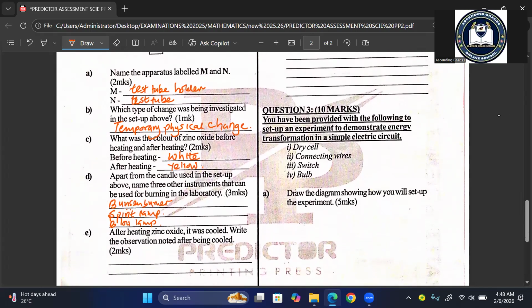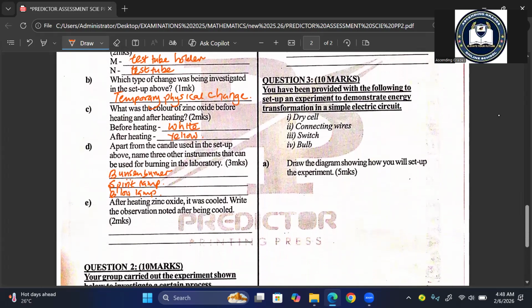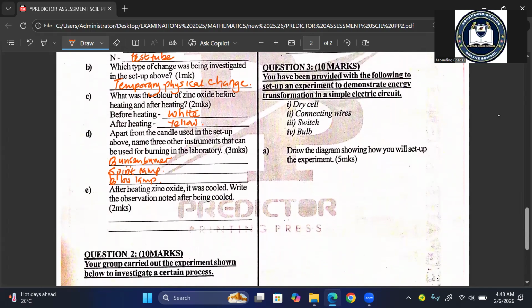After heating zinc oxide, it was cooled. Write the observation noted after being cooled. So in this case, you need to specify the color changes. Originally the zinc oxide after heating was yellow.